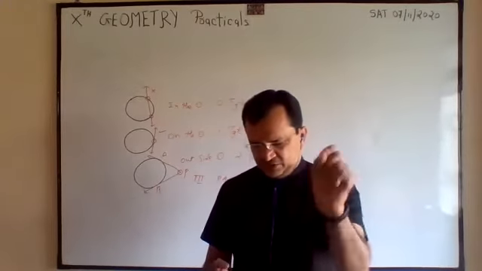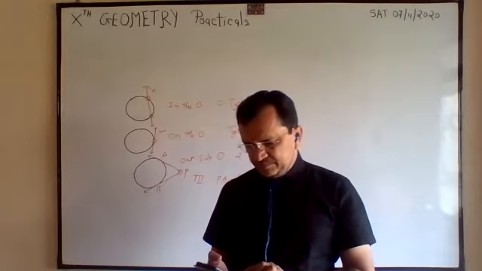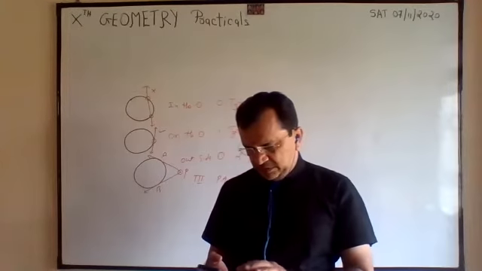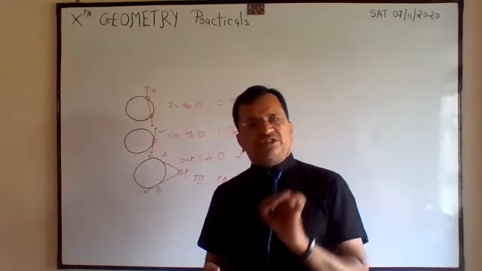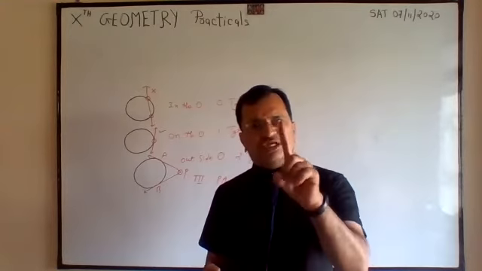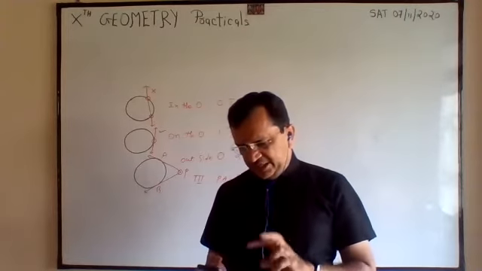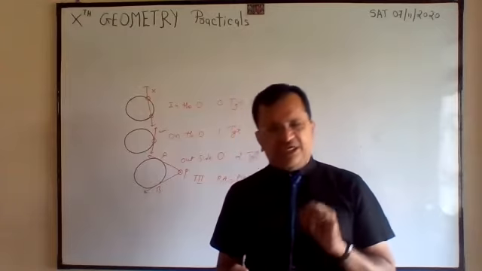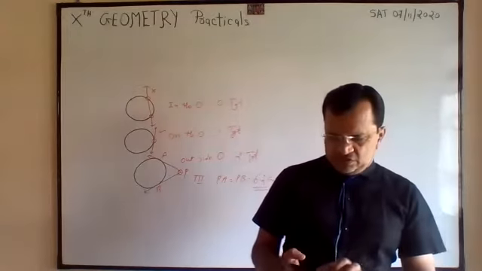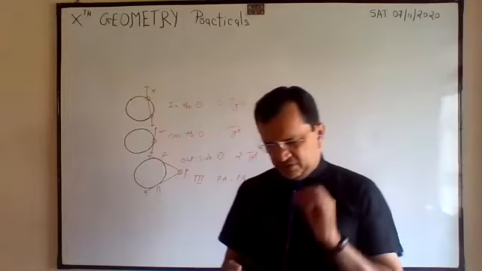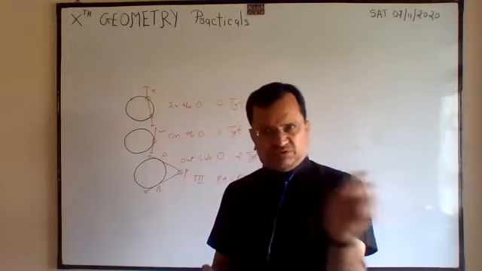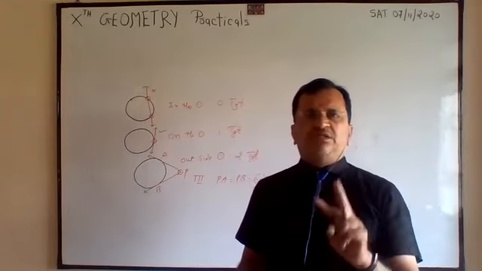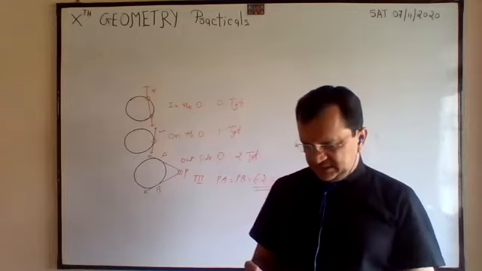Second it is given, so write in that page number 31, point on the circle: a single tangent can be drawn. Second, point interior of the circle: no tangent can be drawn, or you can write zero tangent. Exterior, third column, that you have to fill: maximum two tangents can be drawn.